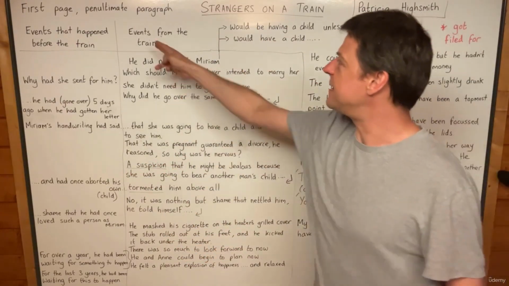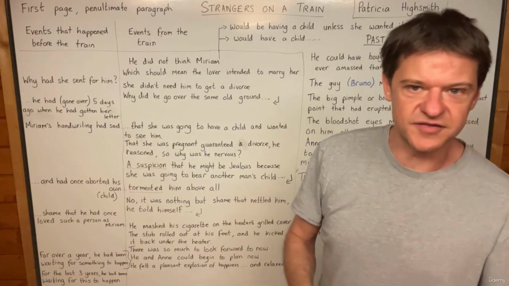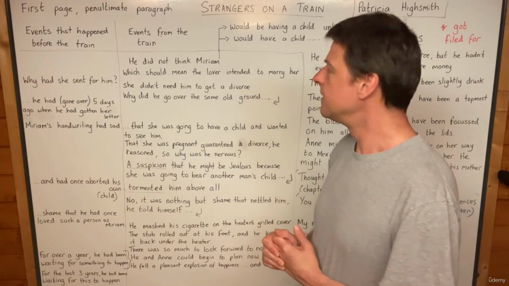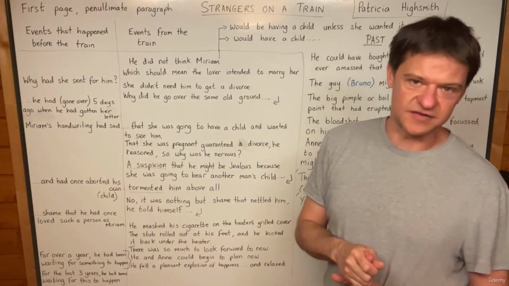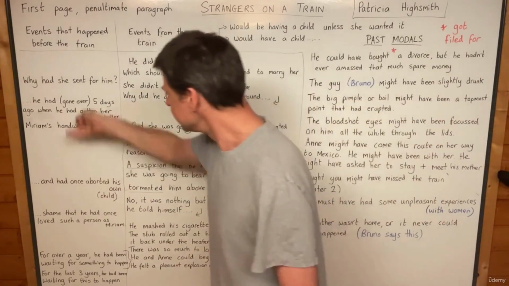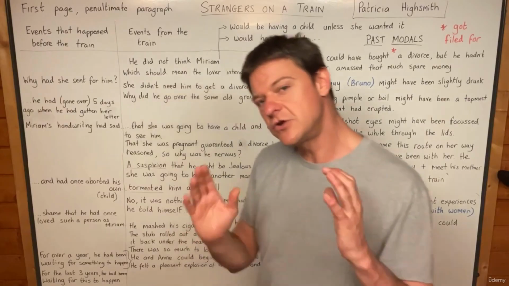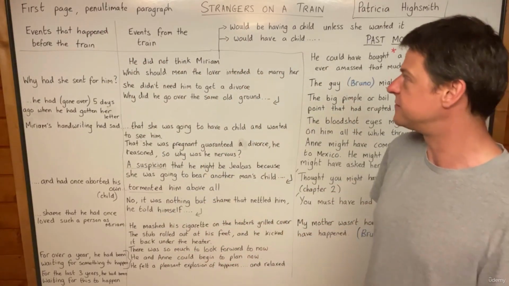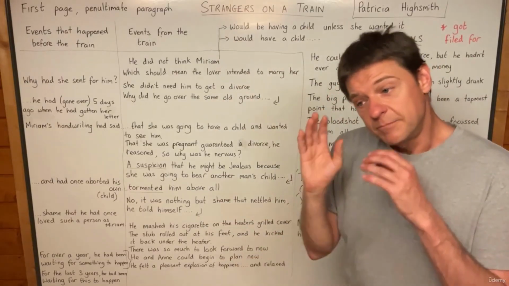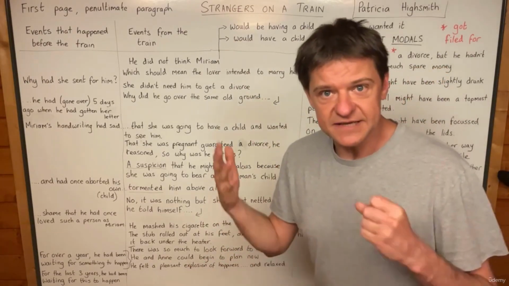And all of the events from the train are in past simple and past continuous, but anything that had happened before those events on the train is in past perfect. And so you can really see when you're reading the penultimate and the last paragraph that past perfect is a narrative tense.